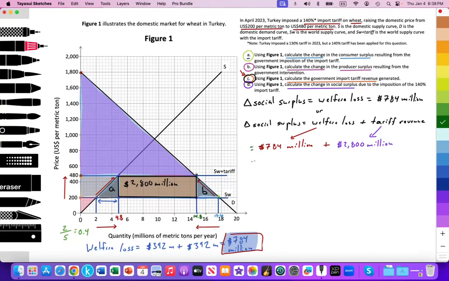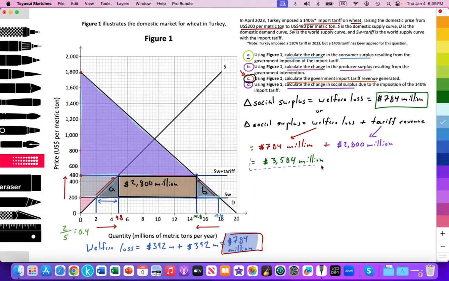And so that combined social surplus, 784 million plus 2,800 million, works out to 3,584 million, or 3.584 billion. Okay, that could be an accepted answer by the IB, or it could also be accepted, this answer of just the two welfare losses.